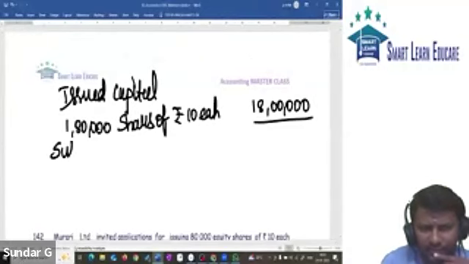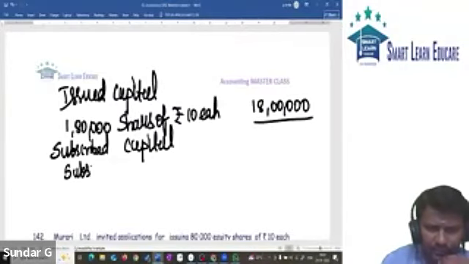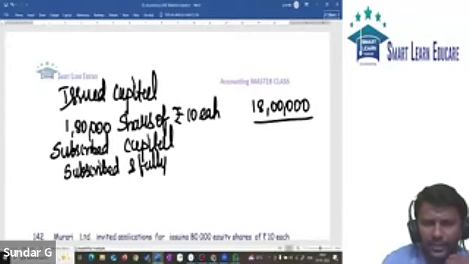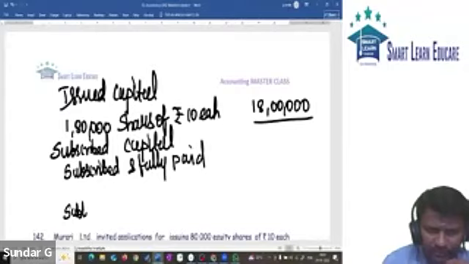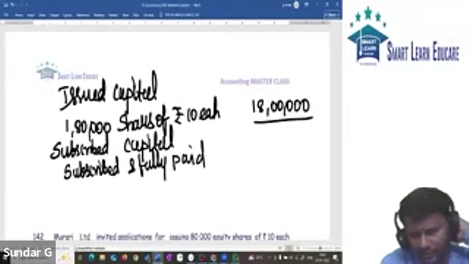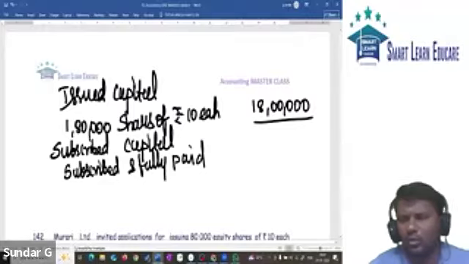Next heading, subscribed capital: subscribed and fully paid. Have you written subscribed and fully paid? In this we will write the breakup of shares. How many shares? Total 1,80,000. Among them, who has not paid?